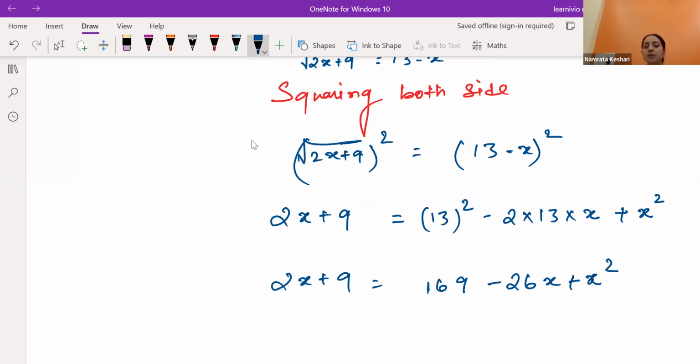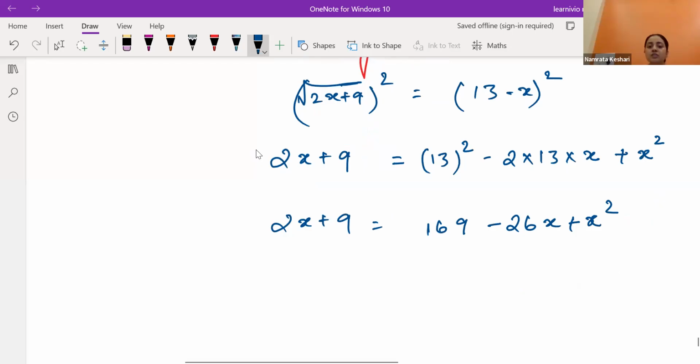Now can you see it became a quadratic equation? X square is there, minus 26x is also there, and this 2x we will also bring to the other side. Let me write it properly. We can take everything to this side, so it will be minus x square over here.